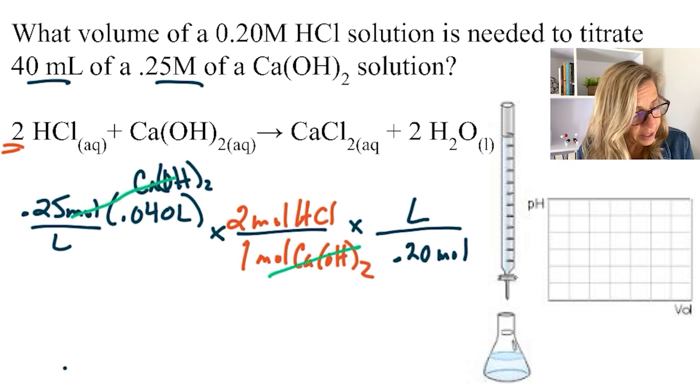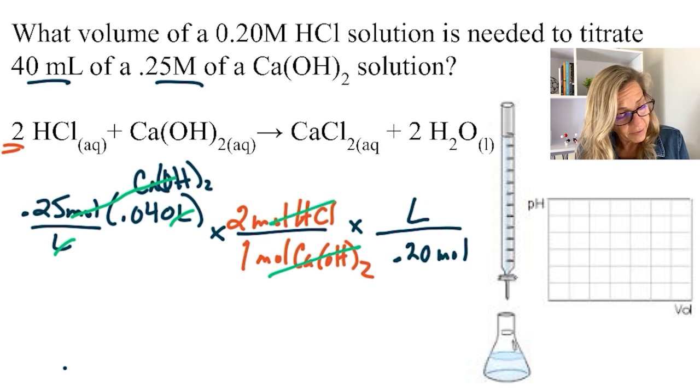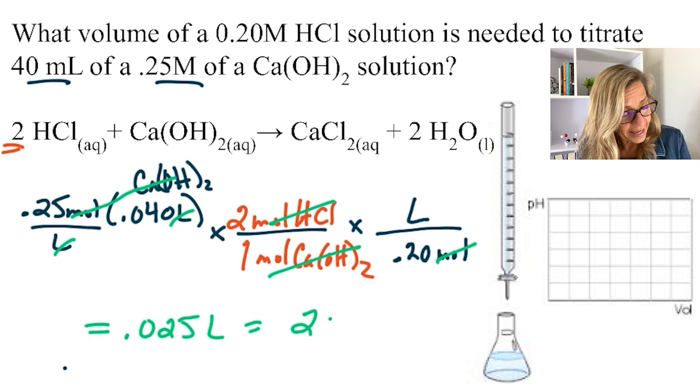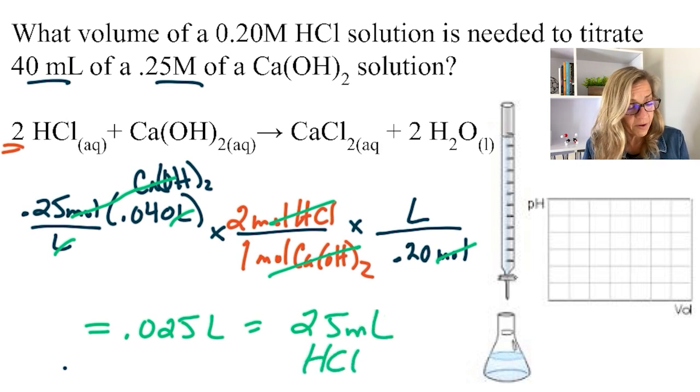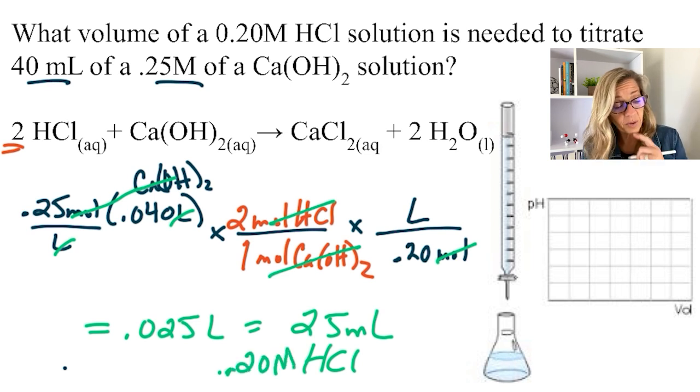Moles of calcium hydroxide, liters cancel, and then I've got moles of hydrochloric. So I'm going to get liters of hydrochloric solution, and that would be 0.025 liters, and that would be 25 mL.